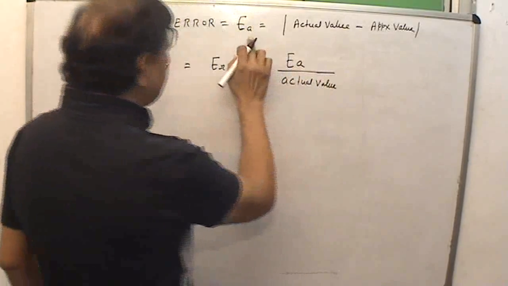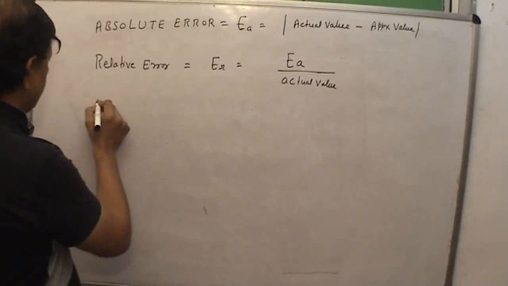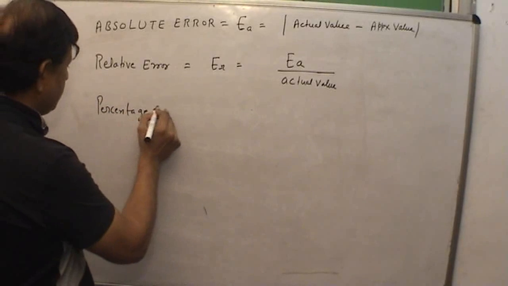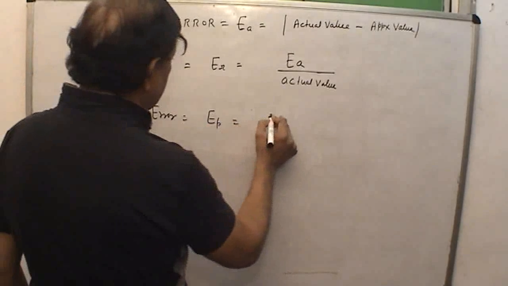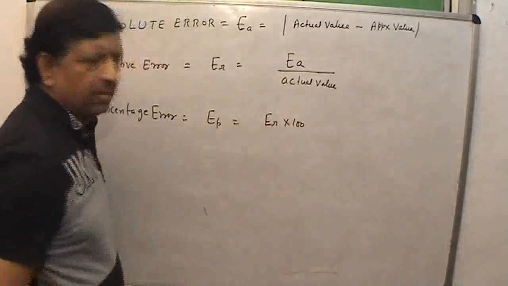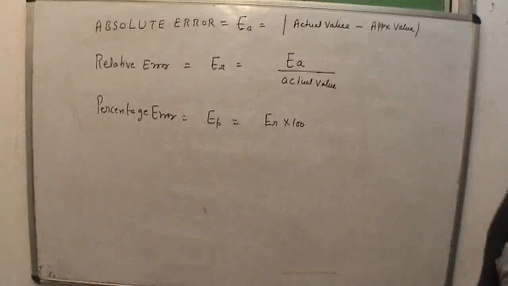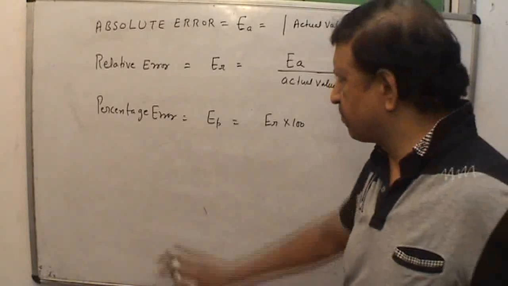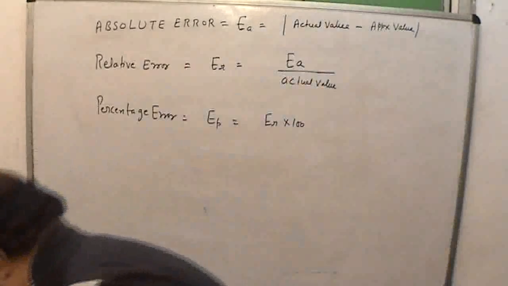If we divide the absolute error by the actual value, we will get the relative error. Then percentage error. Percentage error we denote by EP, that is relative error multiplied by 100. These are three types of errors which we discuss in the number system and in the algebraic system in different manners. First we discuss them in the arithmetical or number system.